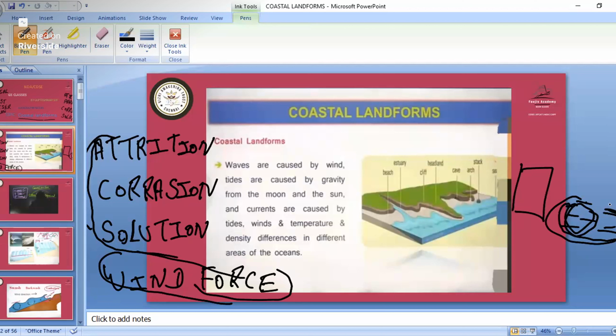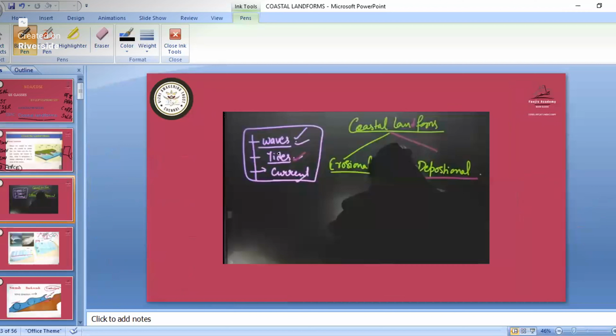That ocean is filled with water. So what happens when the wind comes from the same side as the water? If this is the water body, and wind is flowing from this side, there is friction between wind and water. Prevailing winds always flow in this direction.